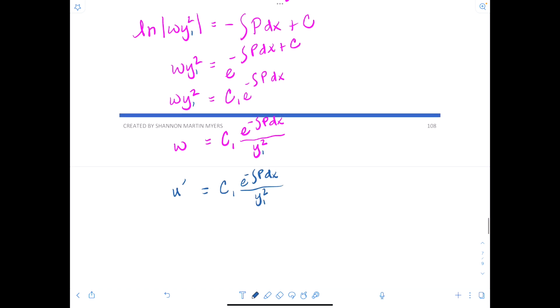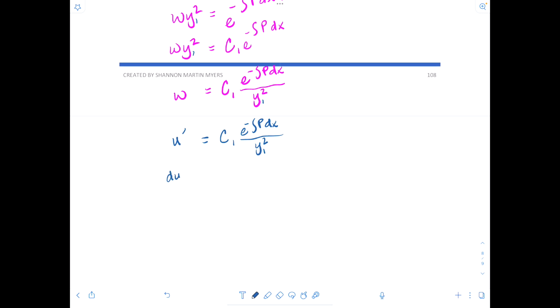Okay, so u prime, of course, is du/dx equals c1 e to the negative integral p dx over y1 squared. So du will be c1 e to the negative integral p dx over y1 squared.